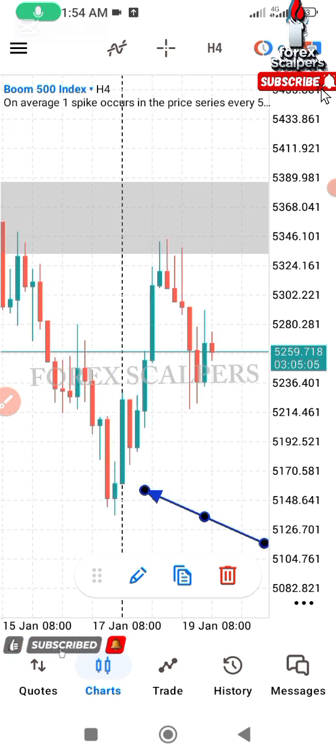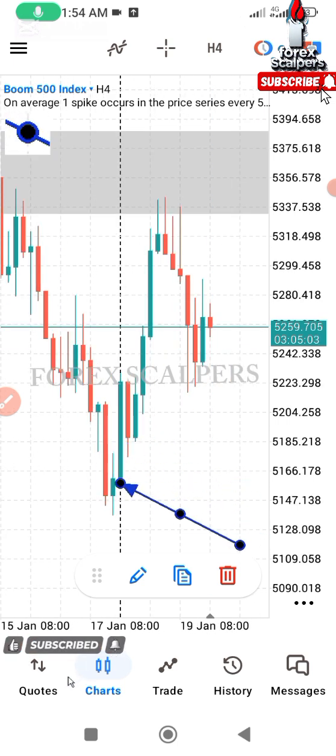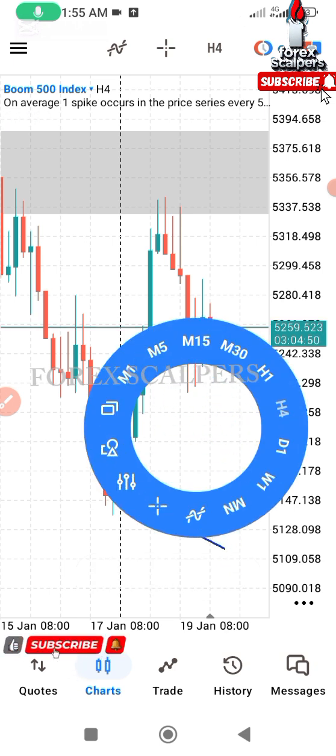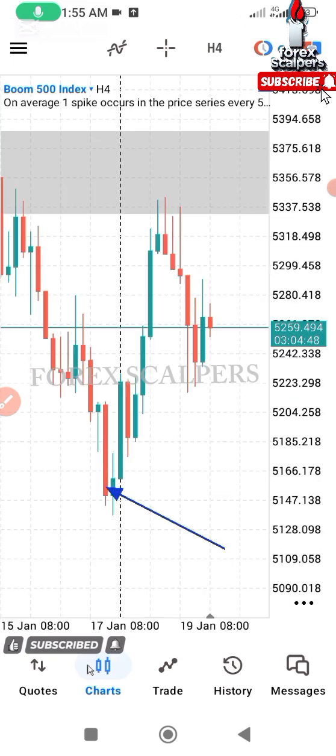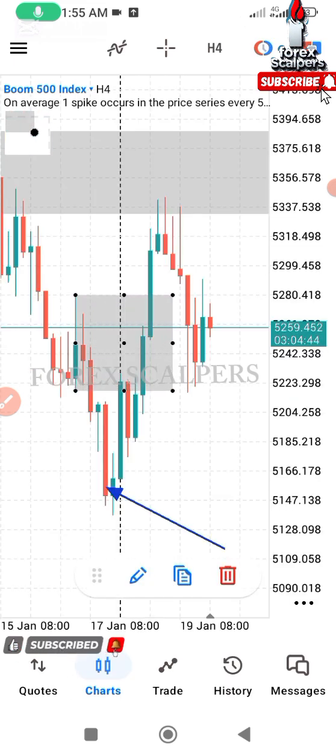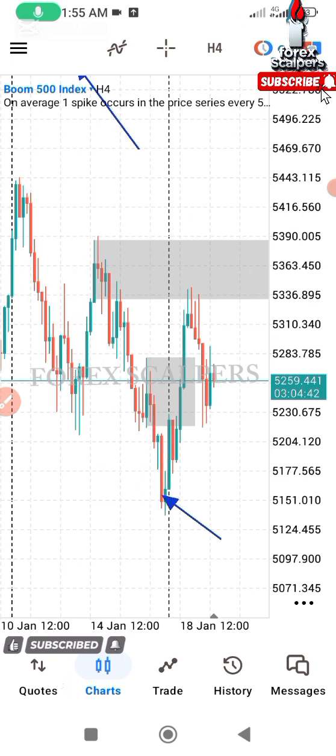In this scenario, this is a bullish candle, then a bearish candle, then we begin to have bullish, bullish. So this would be a smart money cube if this were an uptrend, but for now this is a downtrend. So we mark this as our smart money cube, as far as this price movement is concerned.